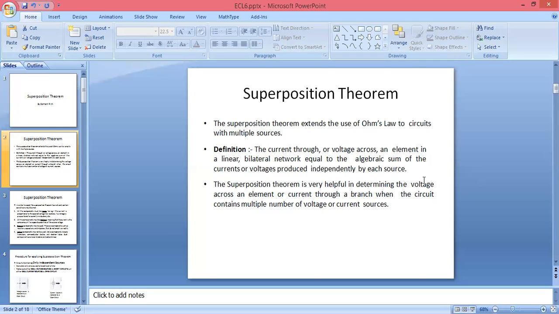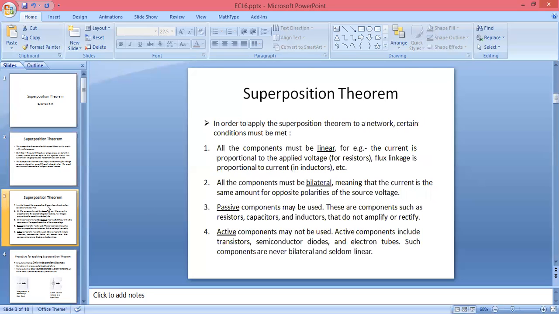मतलब हमारे पास यदि दो से ज़्यादा करंट सोर्स या फिर वोल्टेज सोर्स दिए हैं और हमें सुपरपोजिशन थ्योरम यूज करना है और किसी रजिस्टर के थ्रू जाने वाला करंट डिराइव करना है या फिर किसी रजिस्टर के अक्रॉस का वोल्टेज डिराइव करना है, तो हम वो कैसे करेंगे, we will consider one source at a time and we will not consider the remaining energy sources, या फिर वोल्टेज या करंट जो भी बाकी दिए हैं we will not consider. So what we will do, we have to short or open that circuit.